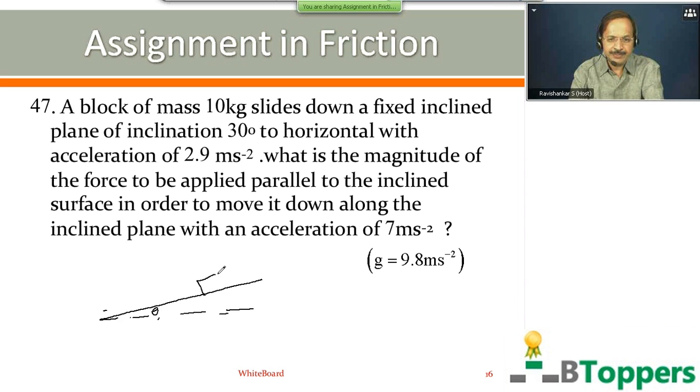So in the first case, the forces which act on the block are: its weight mg acts vertically downwards, which is the gravitational force on the block by the earth.